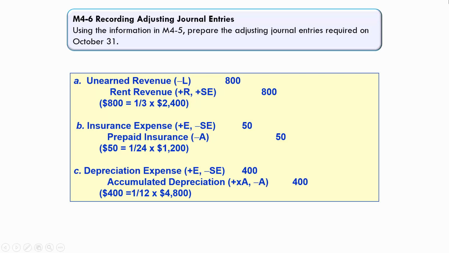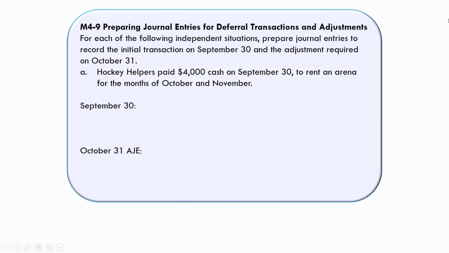In the second one and the third one, you are reducing an asset and you are recording the expense. So B and C are the expensing of assets transactions. In C, you notice they have a plus XA. What they're saying is the contra account is going up for that, which means the asset account is going down.